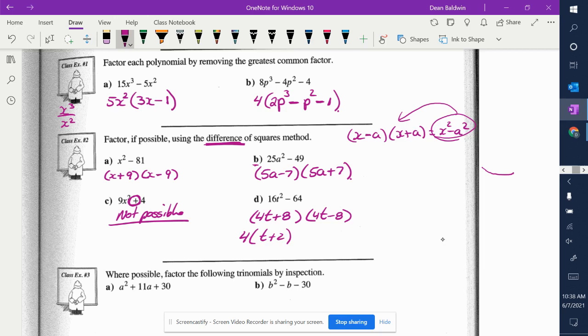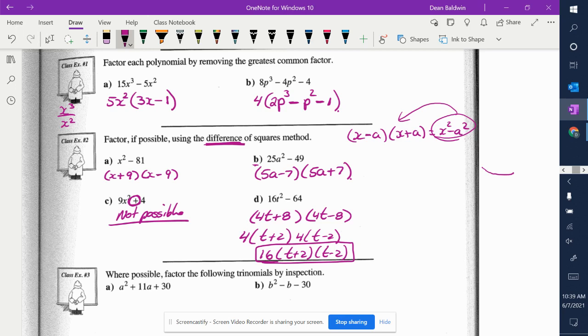I can take out a 4 from here, which is t minus 2. Does everybody see that? And then 4 times 4 is 16. So you should always factor until you can't factor anymore, until you can't pull out a common factor.